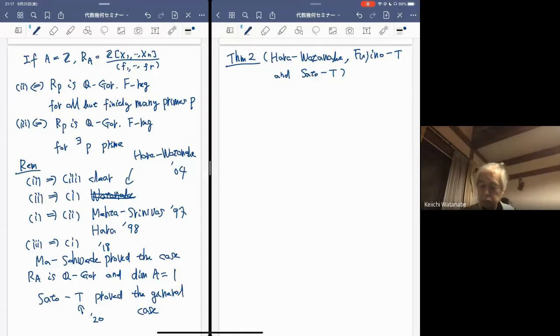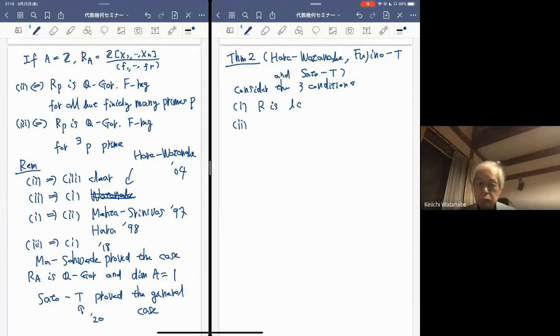Okay, then let me discuss the log canonical case. The log canonical case is a little bit more subtle. So consider again I fix A and R_A, and consider the following three conditions. First one is R_1 is log canonical.